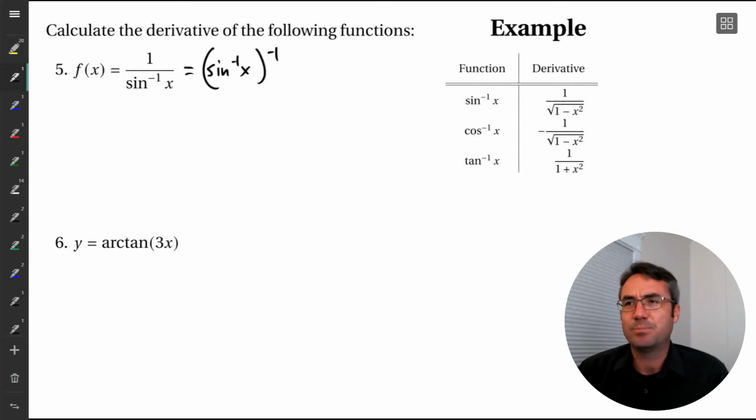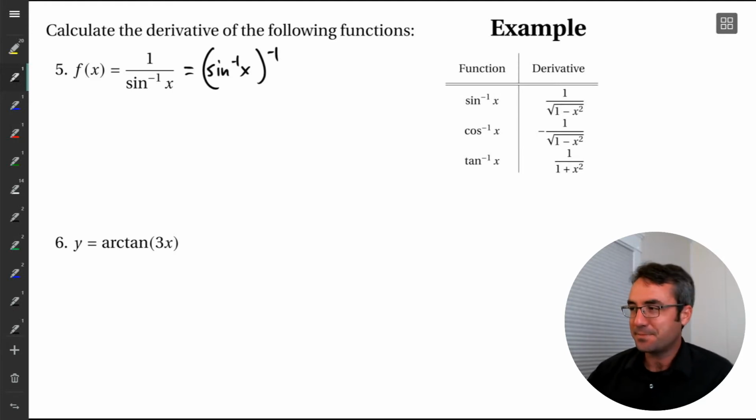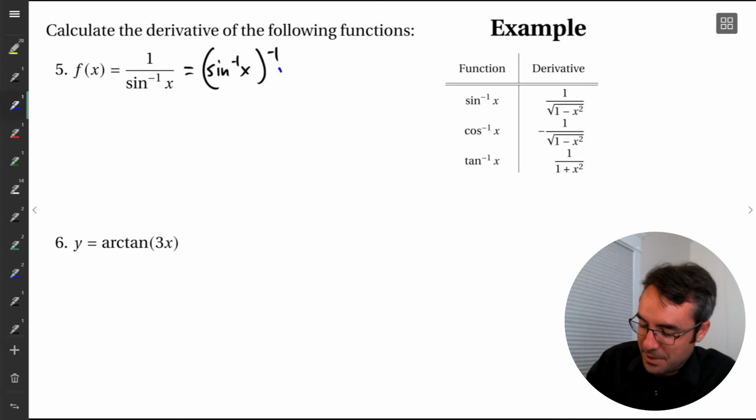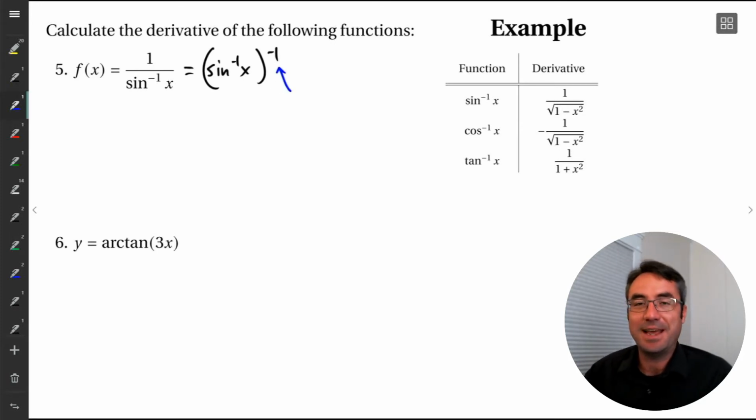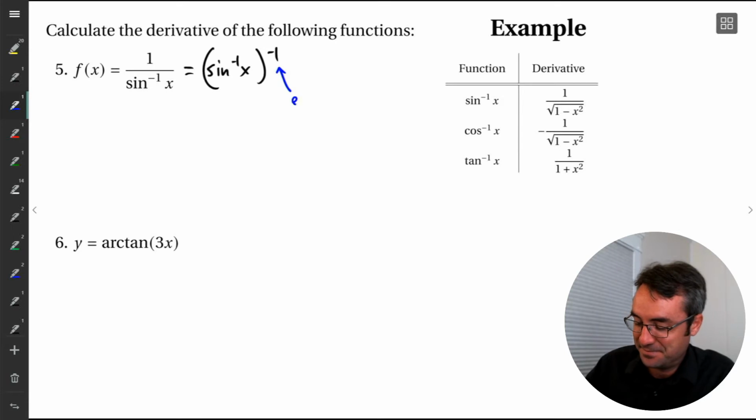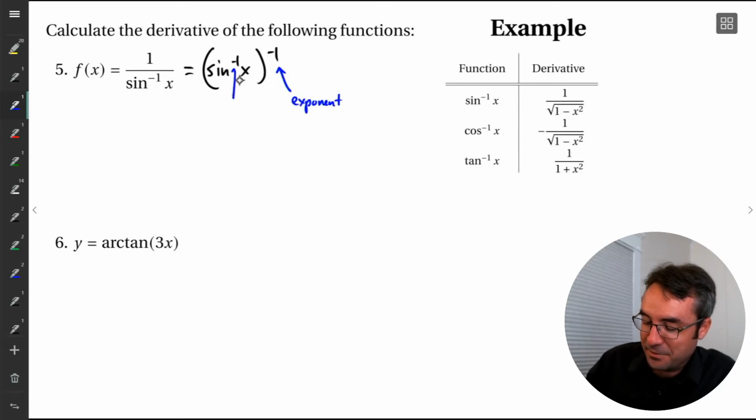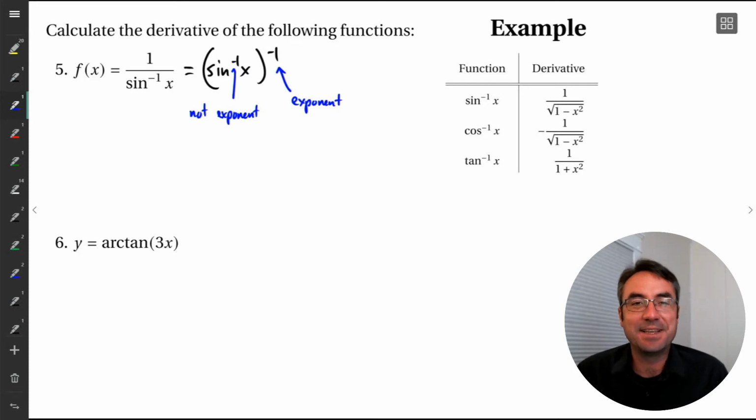And that looks confusing, and it does. The inverse notation can look a little confusing. Why? Well, this -1 is an exponent. This -1 is not an exponent. And they look identical.